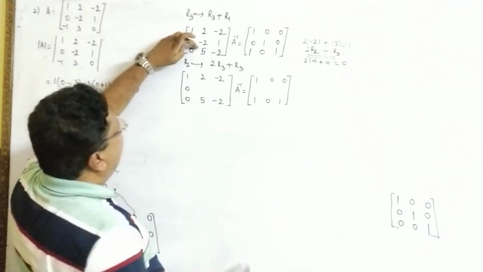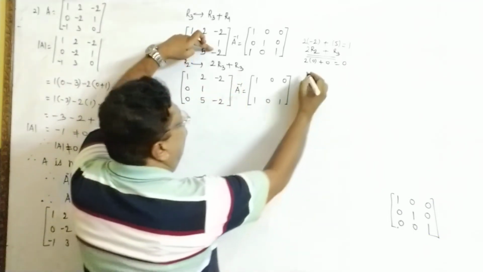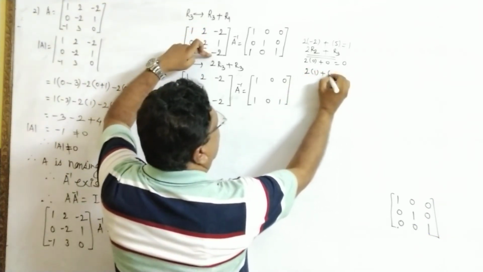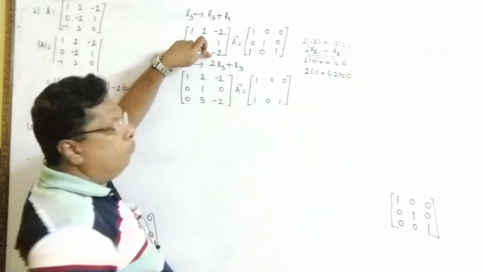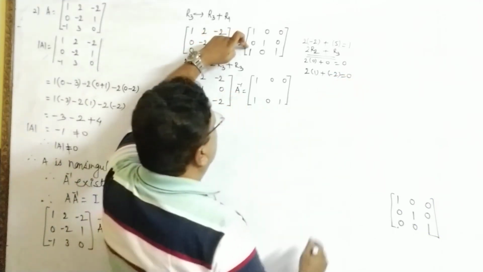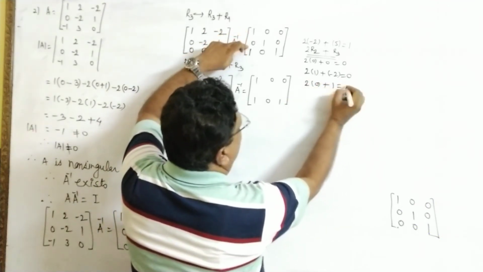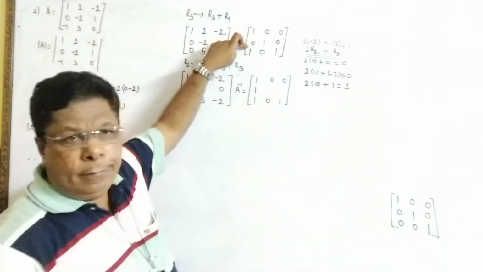We have checked this element is 1. Next element is 1: 2 into 1 plus R3 is -2. 2 minus 2 is 0, so this element gets 0. On the right hand side, 2 into 0 plus R3 is 1. 2 into 0 plus 1 is 1, so this element is 1.